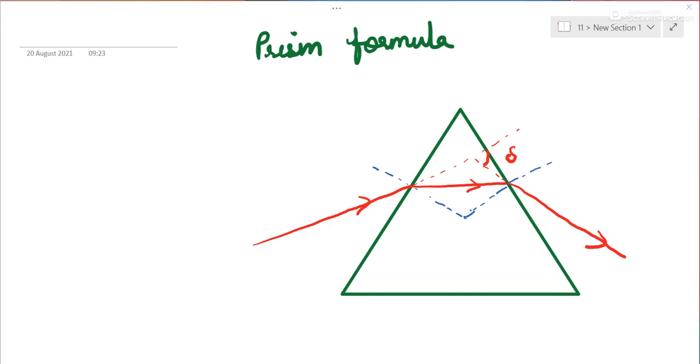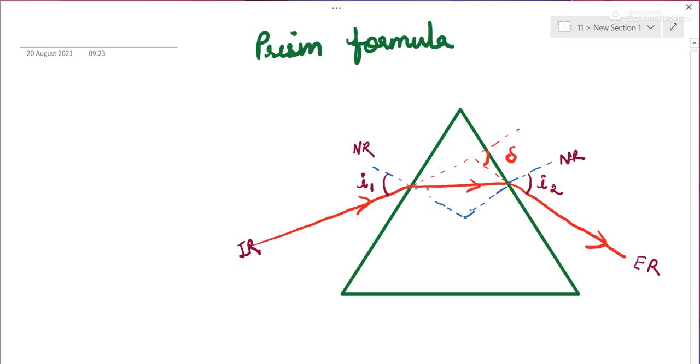This is the angle of incidence at the first surface. This is the angle of incidence at the second surface, between the normal and the emergent ray. Incident ray and normal. The angle has to be between the normal and the other ray. This is the normal. Similarly, this is the normal.